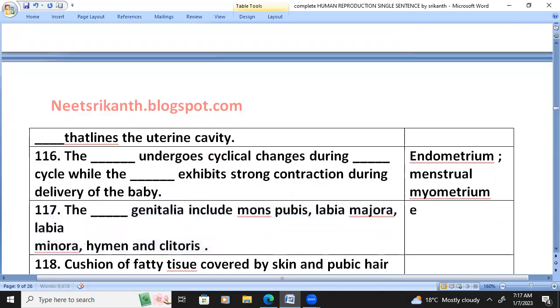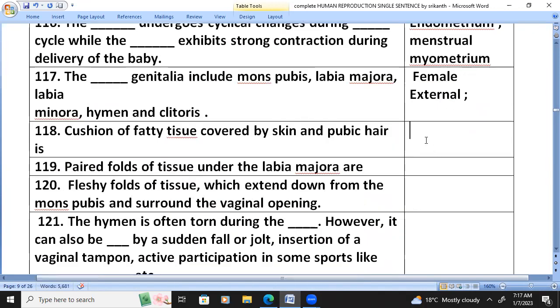The external genitalia include the mons pubis, labia majora and labia minora, hymen, and clitoris. All these are parts of the female external genitalia. A cushion of fatty tissue covered by skin and pubic hair is the mons pubis.